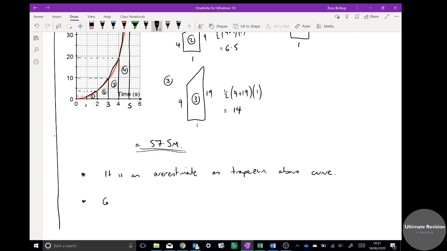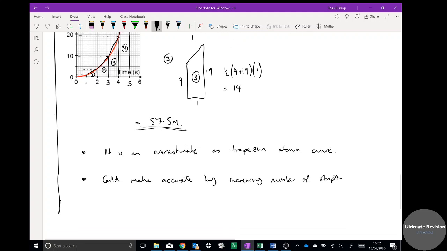Well, you could make it more accurate by increasing the number of strips. Okay, so if you went up to double the number of strips, then the accuracy would get more and more and more. And those doing Maths A level, hopefully most of you, you'll see that this is what you would call integration. We're heading towards integration doing this, which is very exciting.